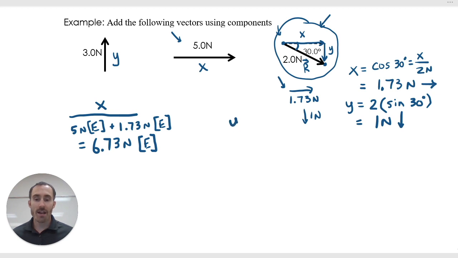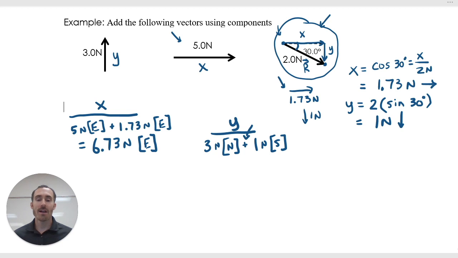So y is going to be slightly different because we've got 3 newtons north and we've got 1 newton south. So I wrote a plus sign in here, not because I'm going to add 3 plus 1 is 4, but I'm adding 3 north and 1 south.